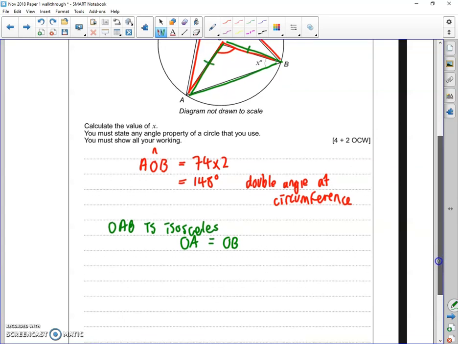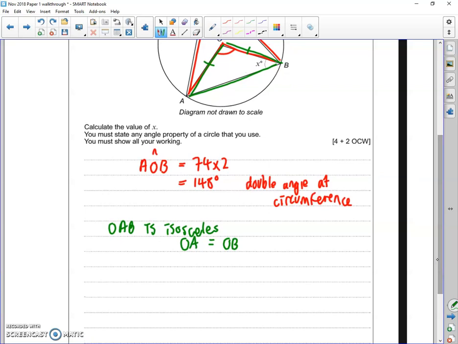So to find angle x then, it's take 148 away from 180, which is 32, and then 32 divided by 2 because we've got the same angles both sides of that triangle. So 16 degrees either side, so 16 degrees in there, 16 degrees there. Okay, as long as you're explaining your steps along the way.